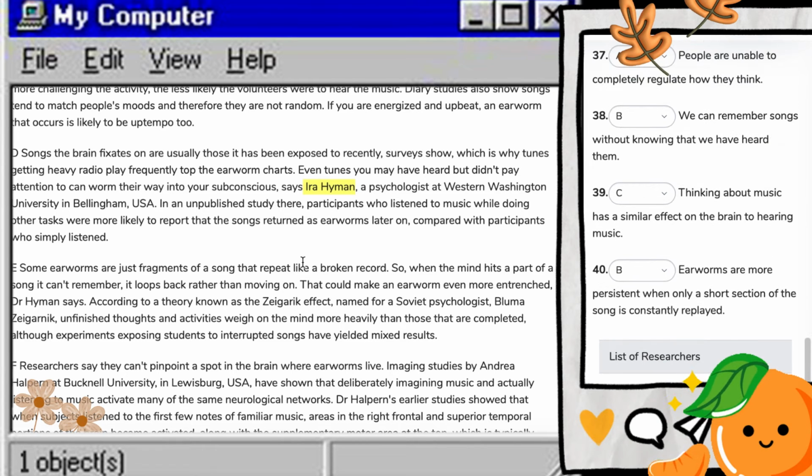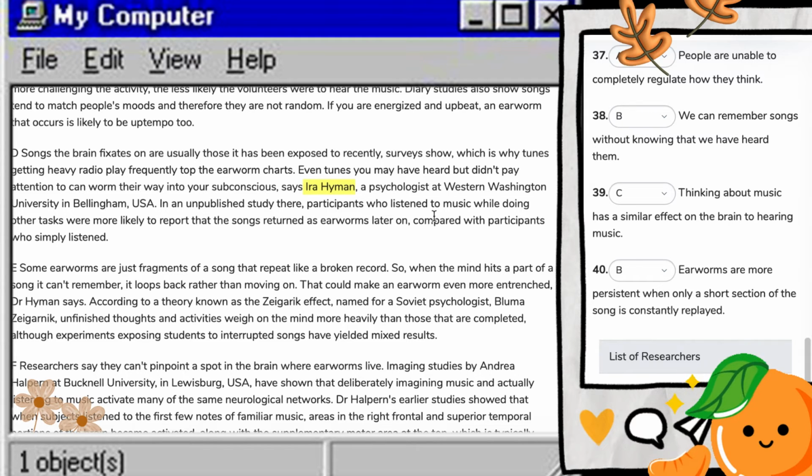He said that even a tune you may have heard but didn't pay attention to can worm its way into your subconscious. What does it mean?